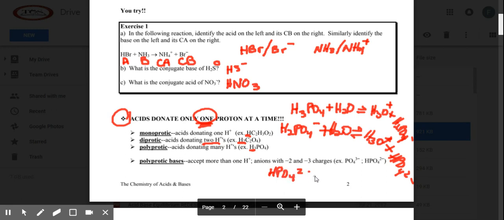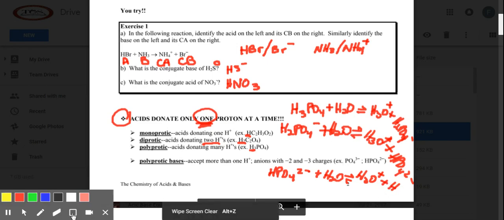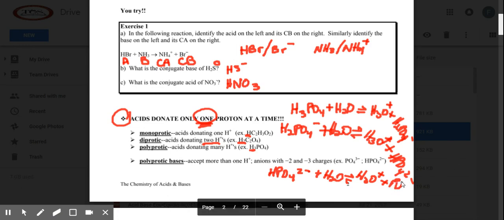HPO4 2 minus is going to react with water, so plus H2O. And when that's the case, it's going to get rid of its last proton to make hydronium ion, H3O plus. Actually, that's wrong. There's no H's left, is there? So that product is going to be PO4 3 minus.